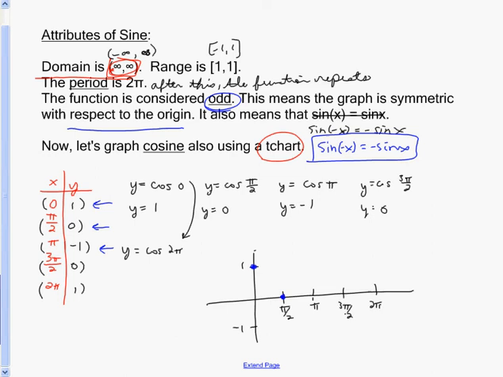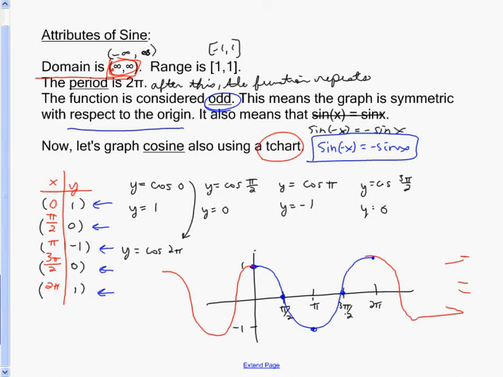Pi and negative 1 is down here. 3 pi over 2 and 0 is back on the climb. And then 2 pi, 1 is right back here. So I have cosine looking something like this. And again, I just did one period. It looks crazy over there, but it's going to continue on and repeat in that fashion.